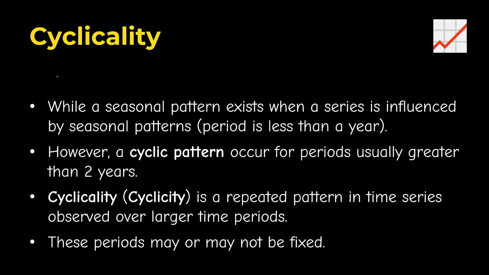Seasonality exists when a series is influenced by seasonal patterns over periods of less than a year. However, a cyclic pattern occurs for periods usually greater than 2 years. So cyclicality is a repeated pattern in a time series observed over larger time periods, and these periods may or may not be fixed.